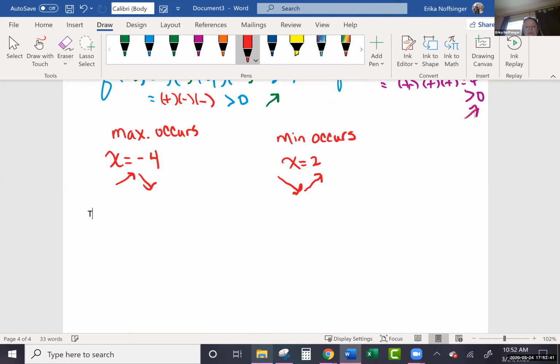Okay, so to find what value the maximum and minimum are, plug the x value back into the original function.